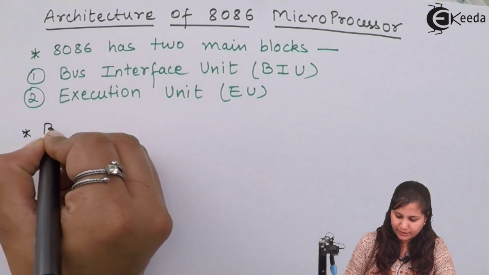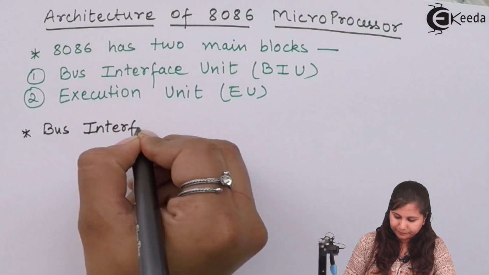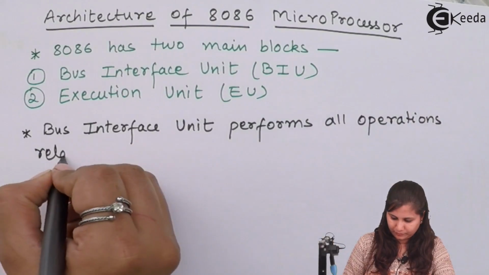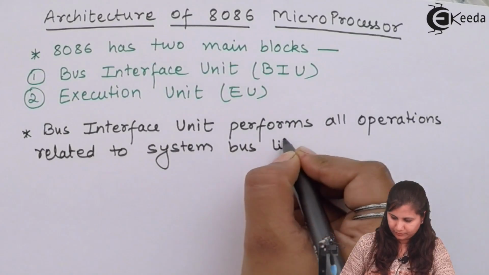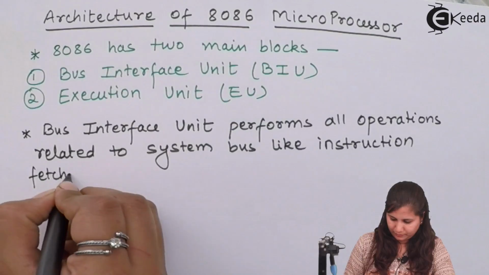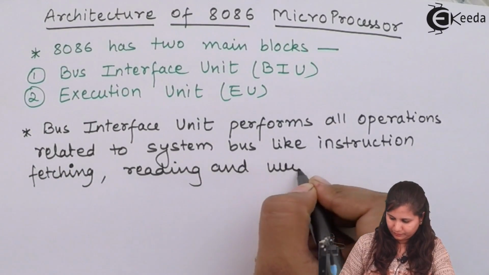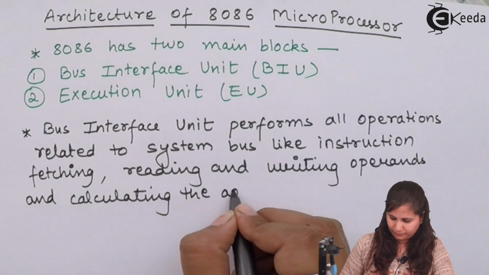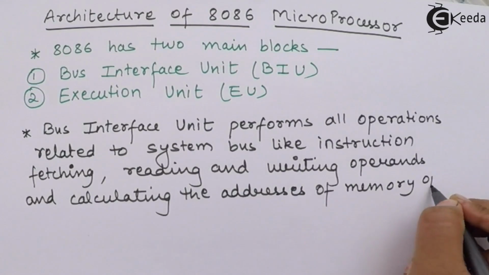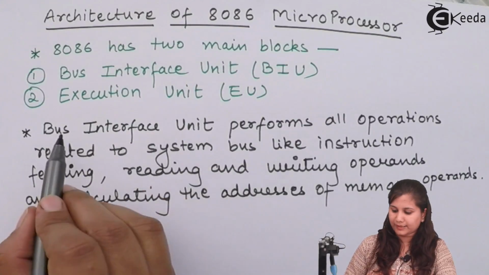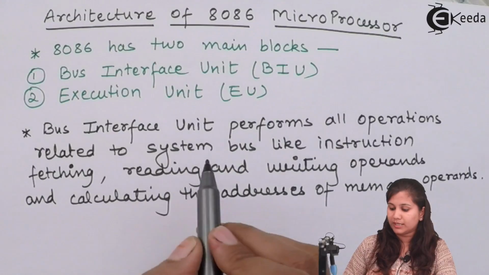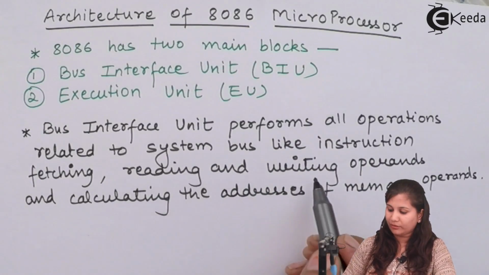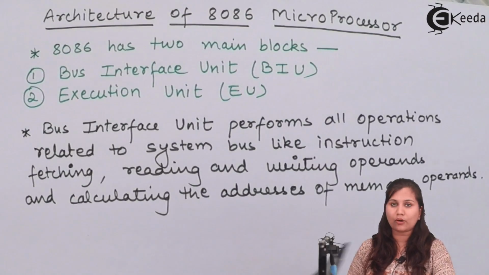So if we talk about the functions, the bus interface unit, that is BIU, performs all the operations which are related to the system buses like the address bus, data bus and the control bus, and the operations like instruction fetching, reading and writing operands into the memory and calculating the addresses of the memory operands.